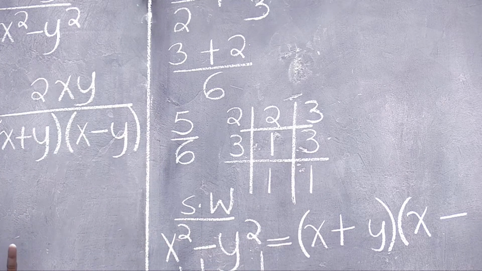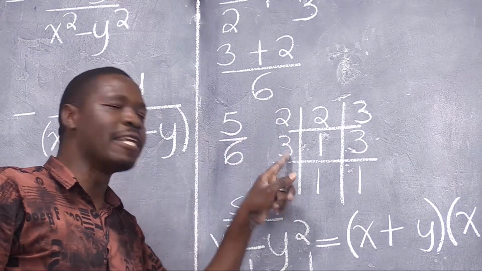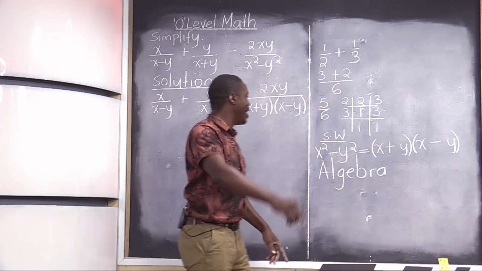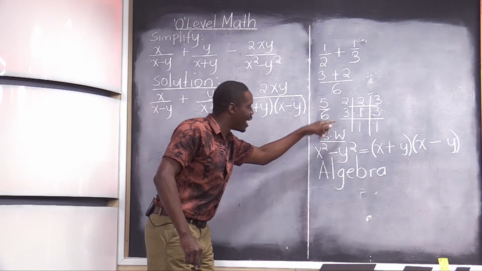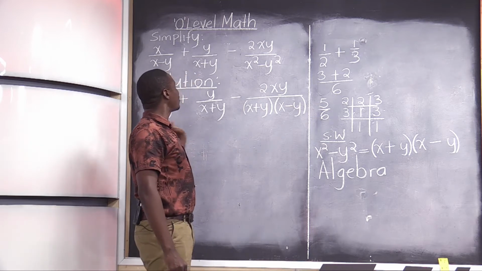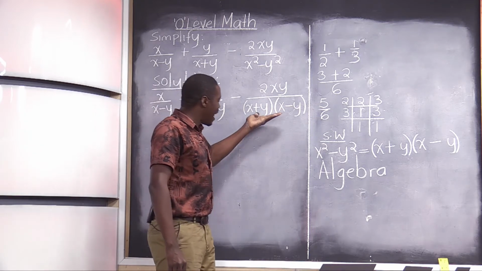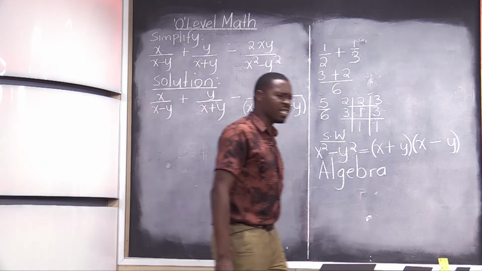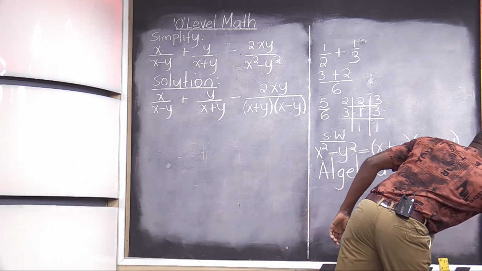So our LCM is a 2 times a 3, which gave us a 6. We are going to use the exact same procedure in getting the LCM of x minus y, x plus y, and then x plus y times x minus y. This is not complicated work.